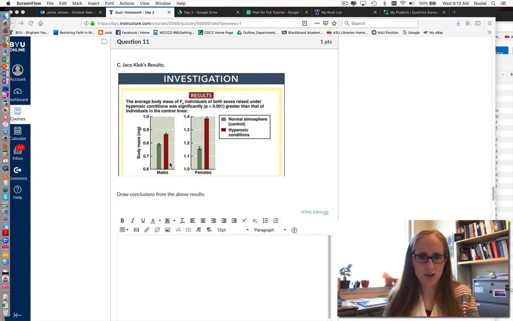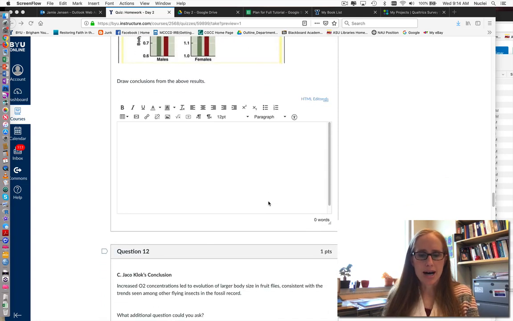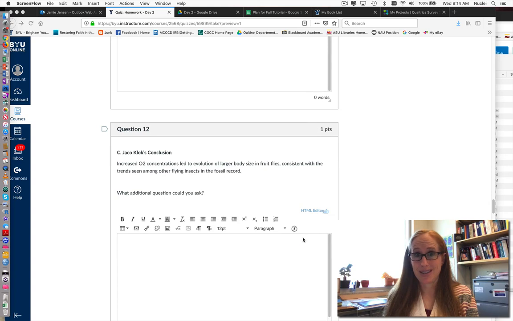So red is when they have extra oxygen, green is when they don't. And you can see both males and females were much larger when there's more oxygen in the environment. You can see, though, in males, it doesn't affect them quite as much as it does in females, which is interesting. Okay, and so their conclusion is that yes, more oxygen in the atmosphere grows bigger bugs, which is kind of cool.